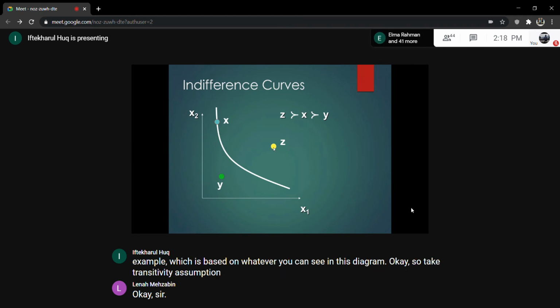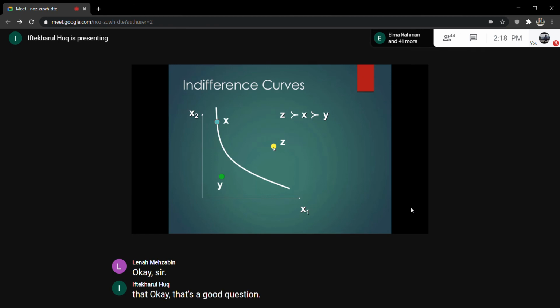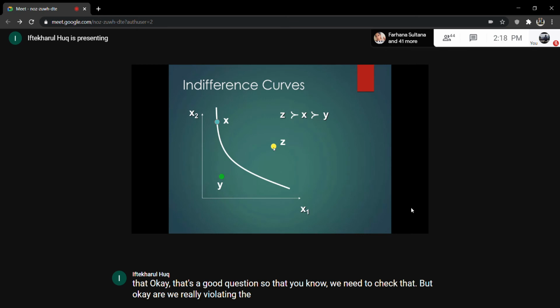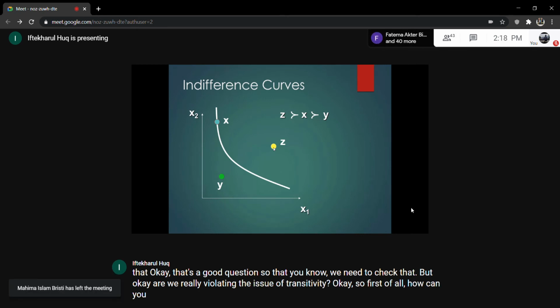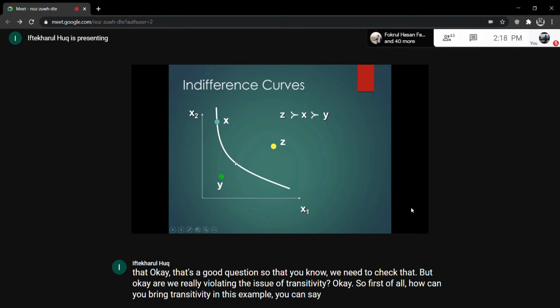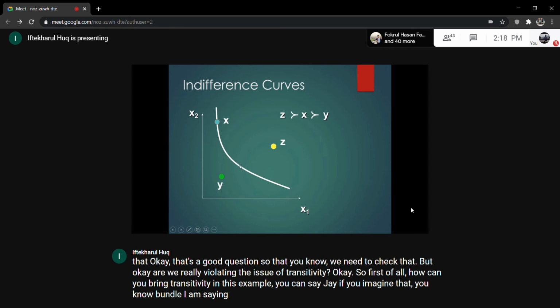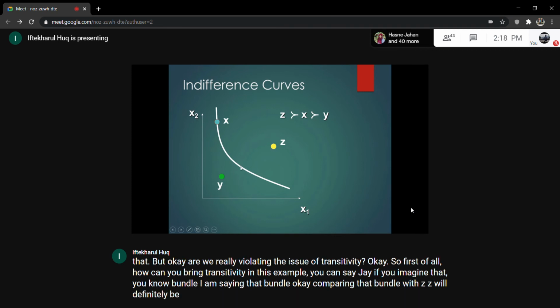Okay, that's a good question. So we need to check that okay, are we really violating the issue of transitivity? Okay, so first of all, how can you bring transitivity in this example? You can say, if you imagine that bundle, comparing that bundle with Z will definitely be more preferred than that.